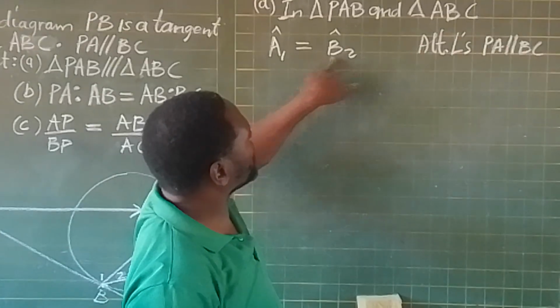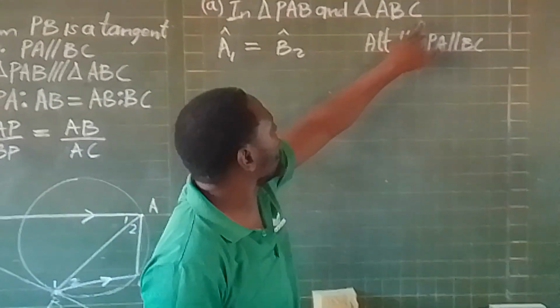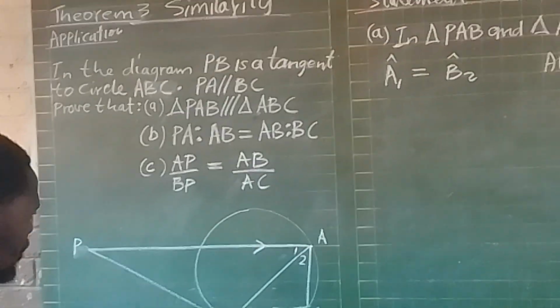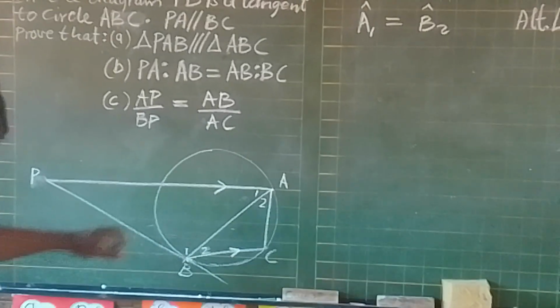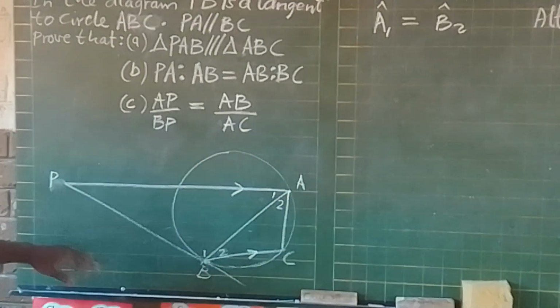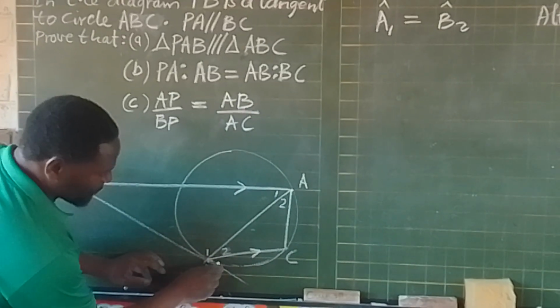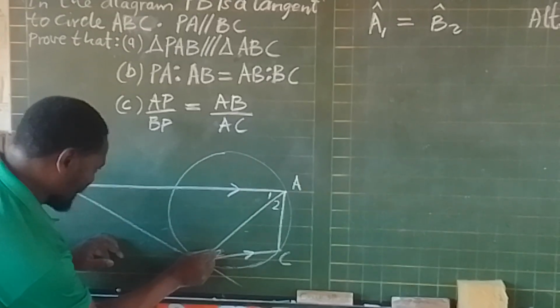I have taken B in triangle ABC. I am left with A and C. Now let's check what other angle we can equate here. You have this one as equal to that one, and this angle here.